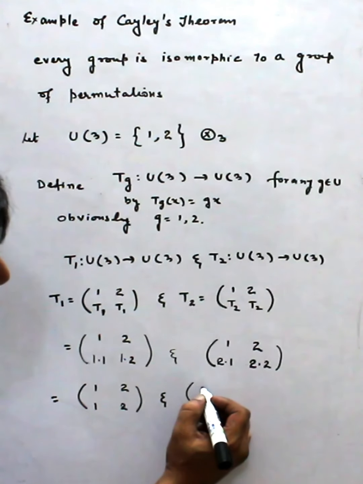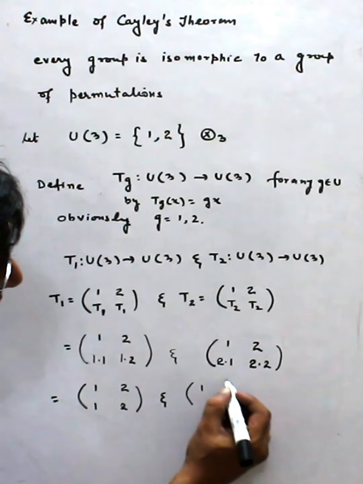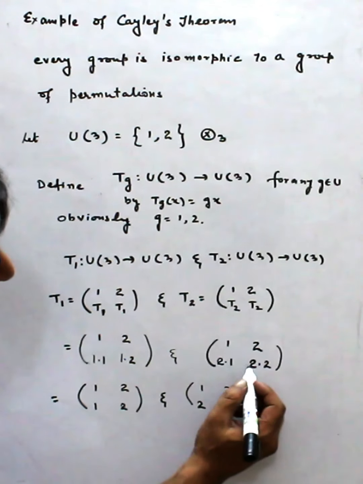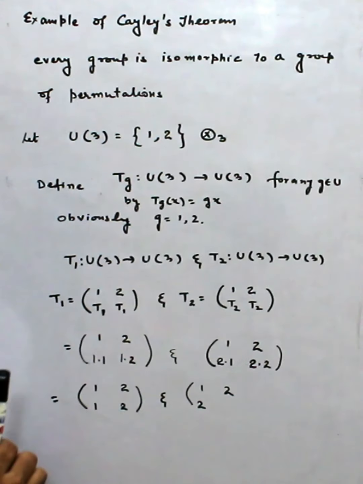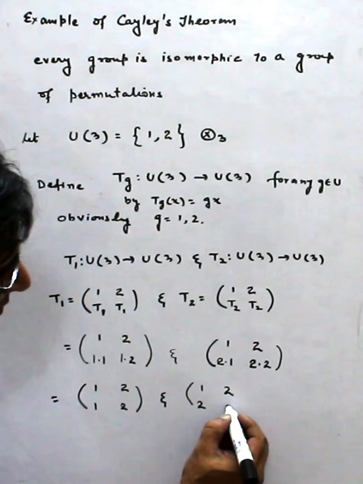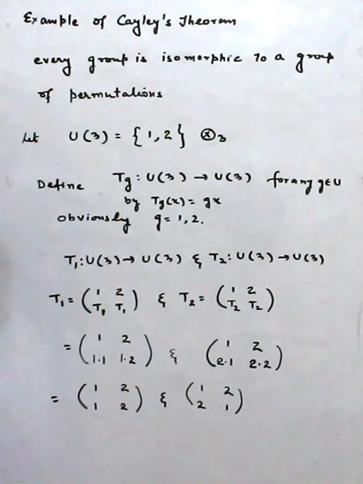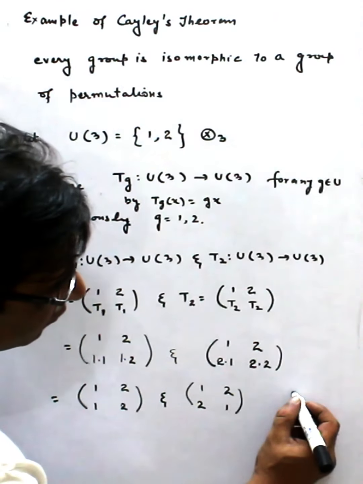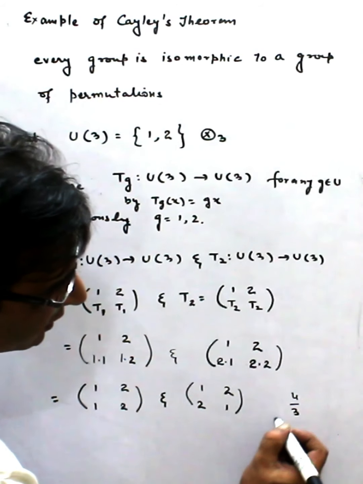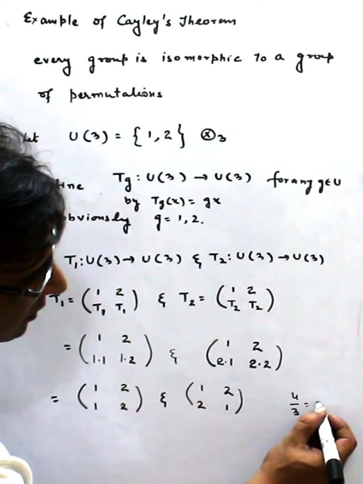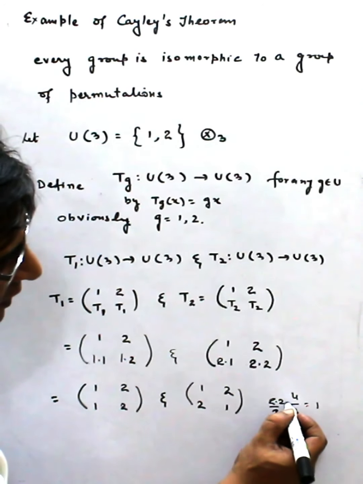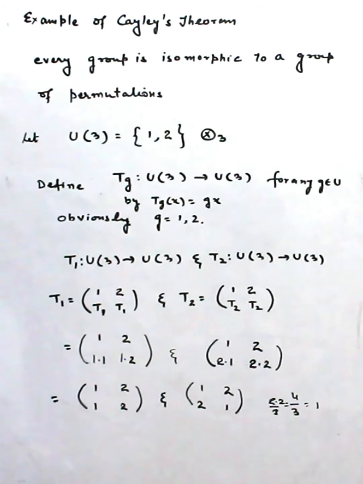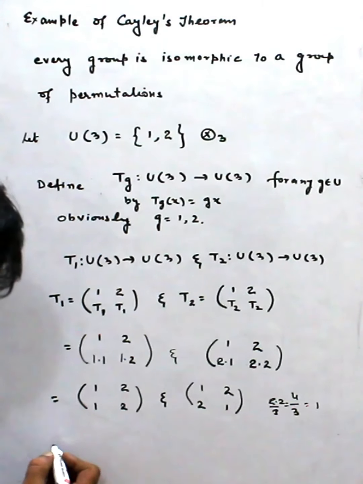Here is 1 2, this is obviously 2. This is 2 into 2, 4, but it is modulo 3. That means this becomes 1, because 4 divided by 3 leaves 1. So 2 into 2 modulo 3 is equal to 1. So now we have found the values of T1 and T2.